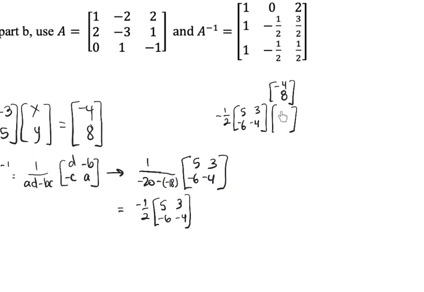So this entry is going to be a combination of this row and this column. -4 times 5, that's -20. 8 times 3 is 24. -20 plus 24 is 4. This entry is a combination of this row combined with that column. So -6 times -4, that's 24. -4 times 8 is -32. So 24 minus 32. That's -8.